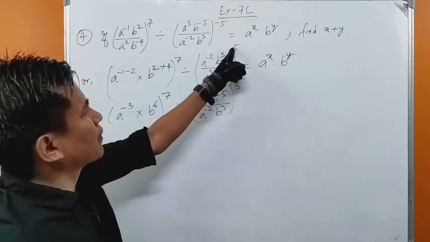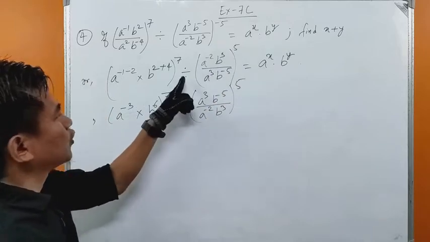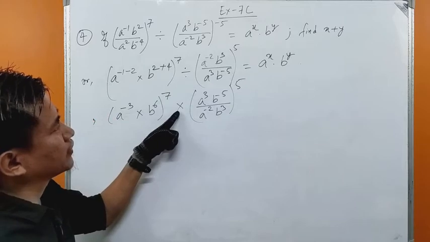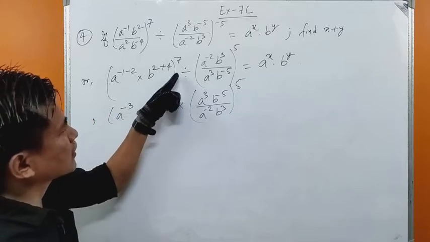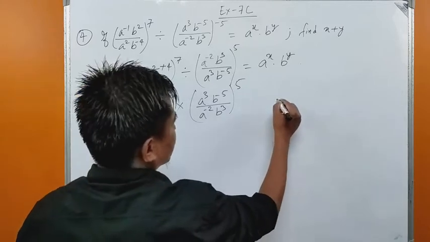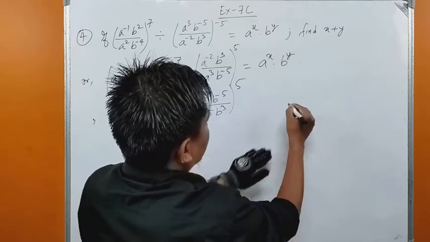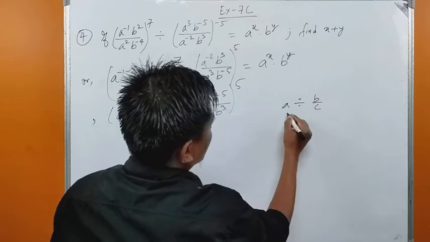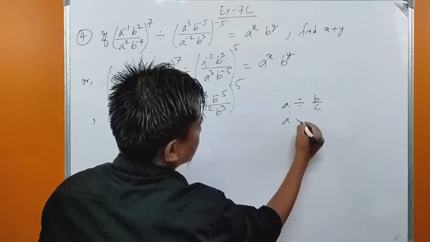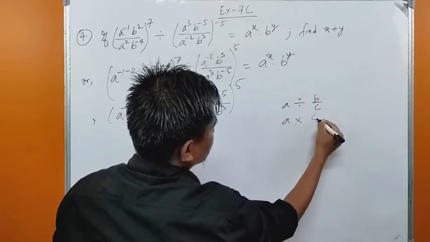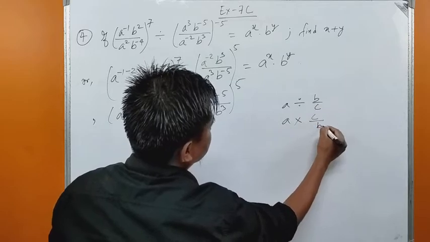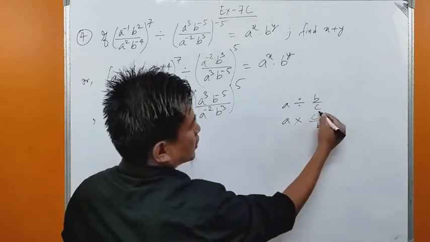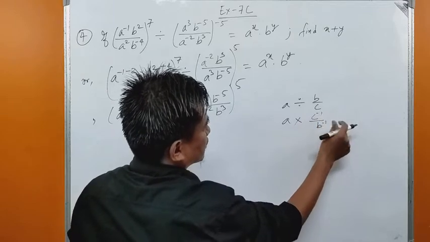Now the sign of the power does not change because we changed here divide sign into multiplication sign. Okay, when we change the divide sign into multiplication sign, suppose we have a divided by b upon c. When we change this divide into multiplication sign, the c goes to the numerator, b comes down to the denominator. When we do this, the sign of the power does not change. C to the power minus 1, b to the power minus 1, this does not happen.